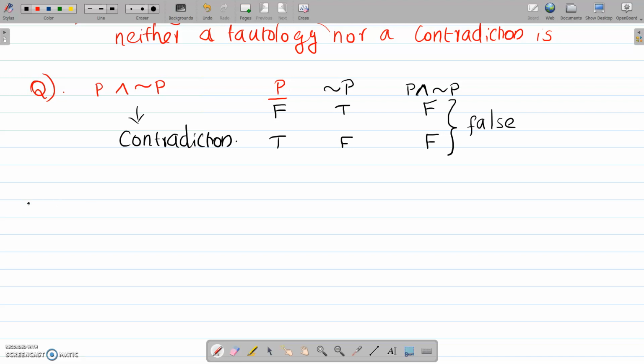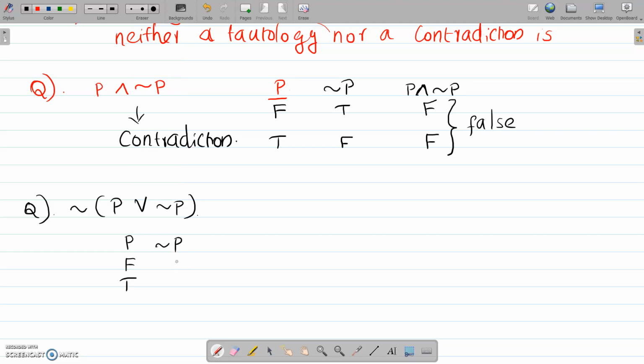Okay, so let's check another example here. Negation of P or negation P. Take P: false, true.